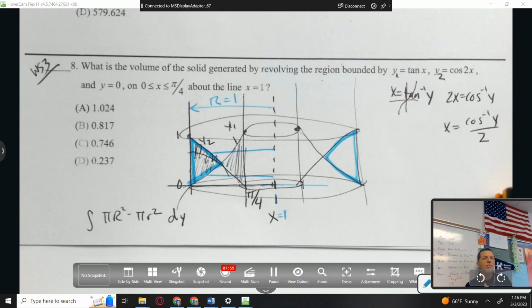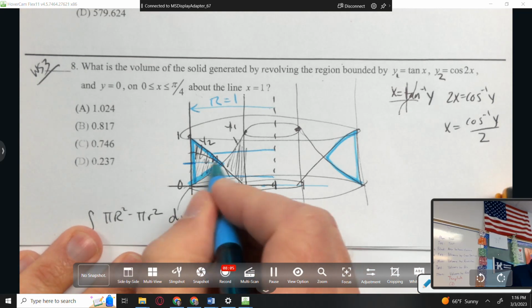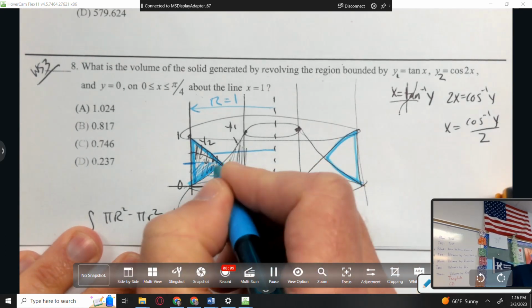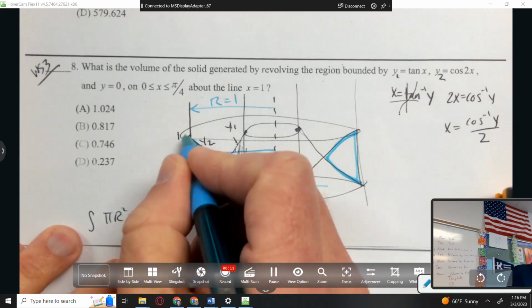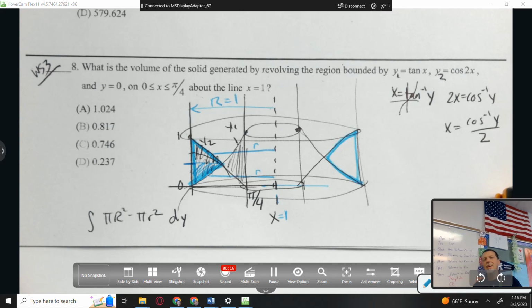So I'm going to have to do 0 to whatever this intersection is and use this little r, and then do whatever this is up to 1 with a different little r. And even that's only going to be the blue part.